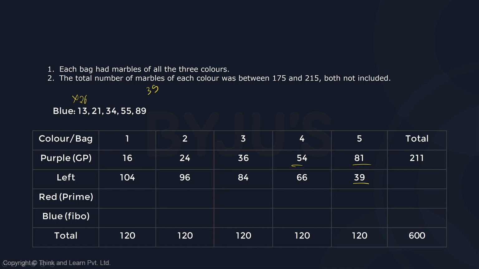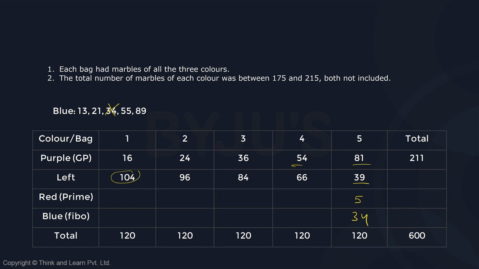If you take 21, remaining is 18, not a prime number. 34 gives you 5, prime number. These are definitely more than 39, so not possible. So can I say that only possibility is 5 and 34? Right? So this is done. 34 is used. Always check for smallest and largest always.